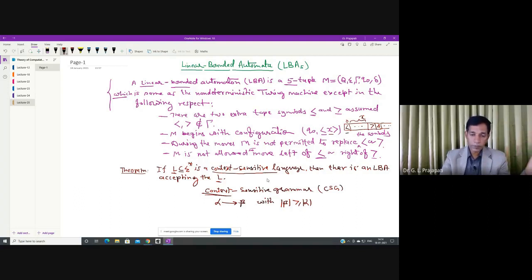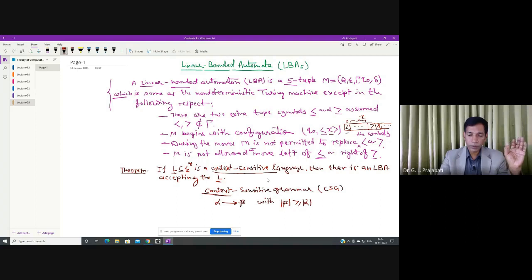Alpha is any string of terminals and non-terminals both, beta is also a string of terminals and non-terminals both, and alpha should contain at least one variable. The right hand side string beta must be of length at least that of alpha.